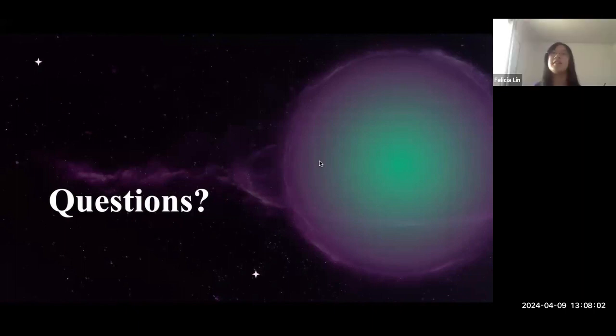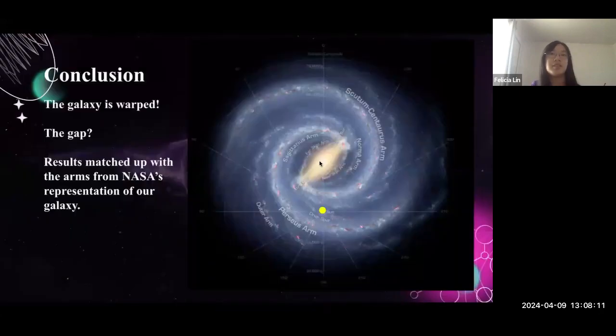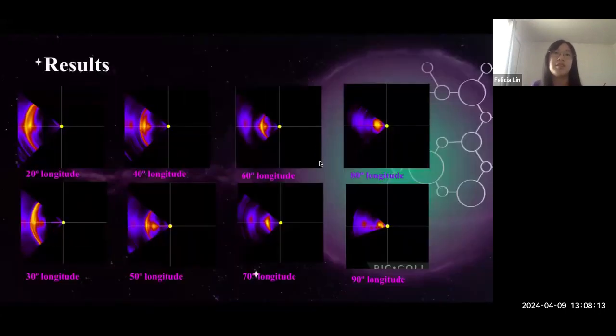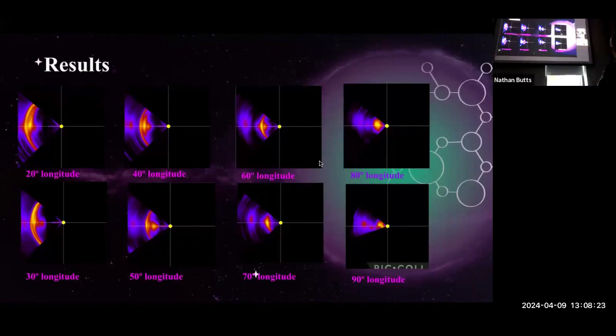The velocity is mostly the same. Well, I think it's pretty stable, if you're only talking about above and below the galactic plane. Yeah, the galactic plane.